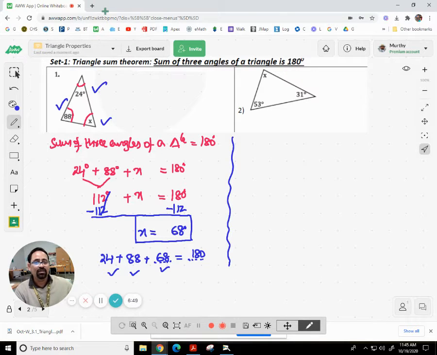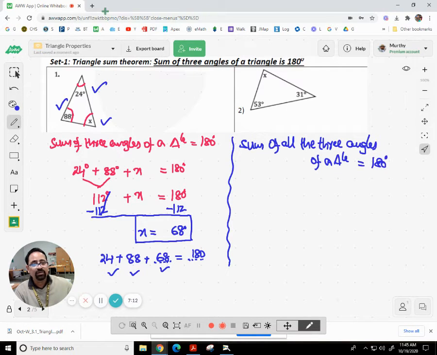Now let's take another example. I always like to write the condition so that I may not make a mistake. The sum of all the three angles of a triangle equals 180 degrees.